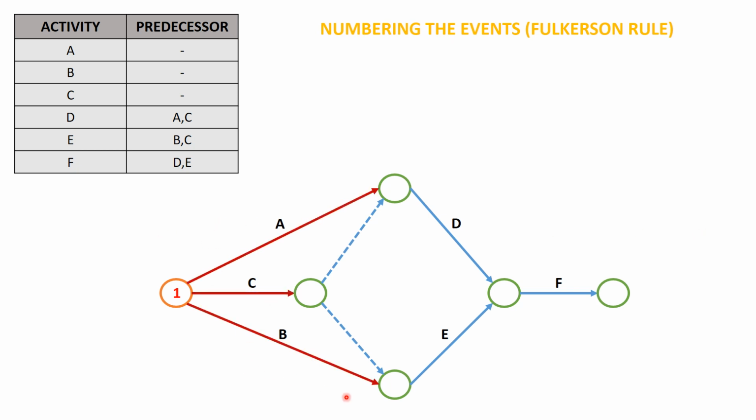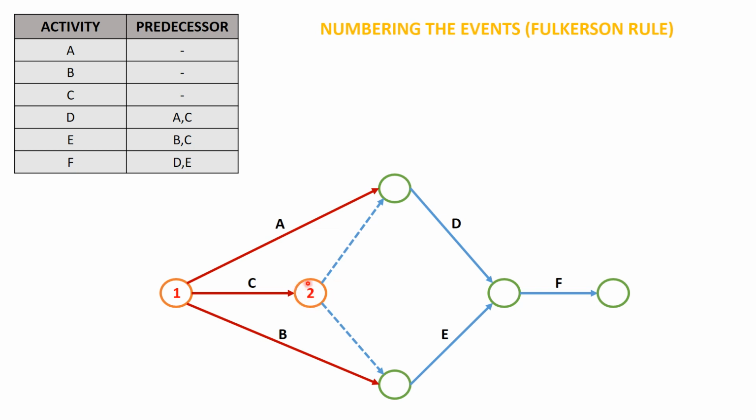Now we have to check in all these three events which event has all the incoming activities numbered. So it is only the activity C which has been numbered, because if you look at the top event there's one dummy which has not been traced, and again the second dummy has not been traced, so I cannot number this. Therefore I'll be numbering this as event number 2.